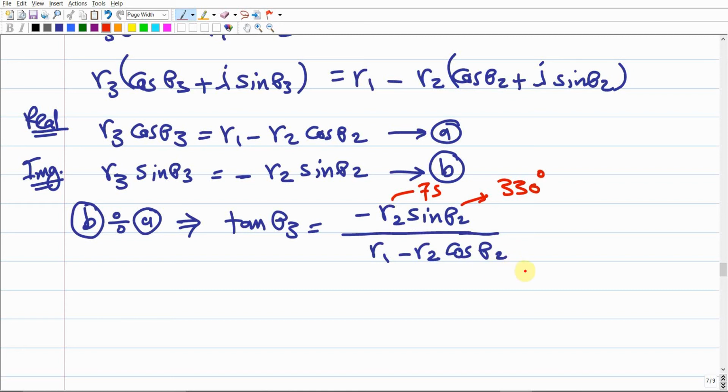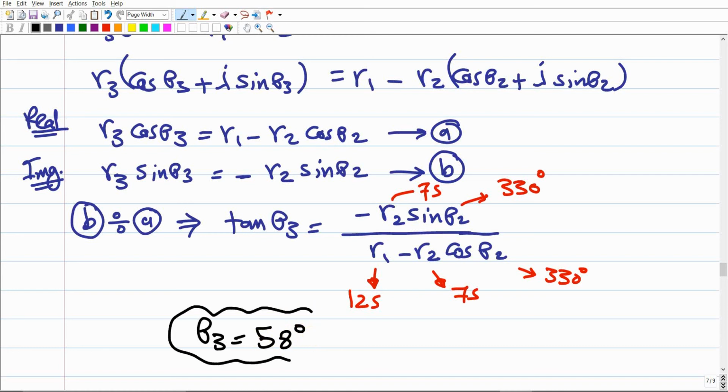If we solve this equation, we will obtain θ3, which is 58 degrees, and this is what we get from the calculator.